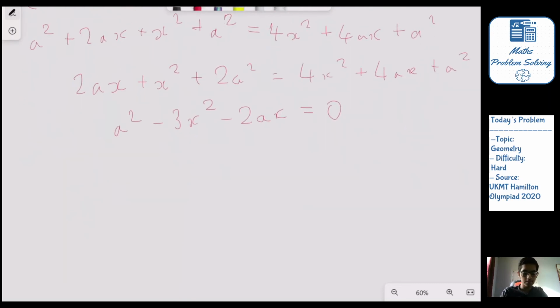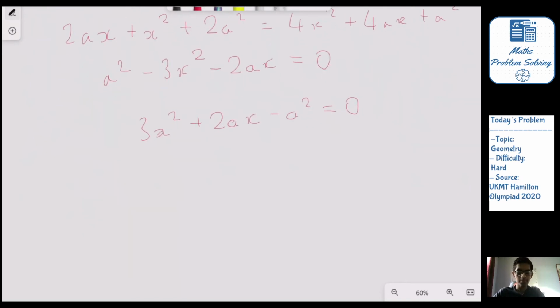Now if we rewrite this, multiplying everything by minus 1, we basically have a quadratic which needs to be solved: 3x squared plus 2AX minus A squared equals 0. That should be a minus on the A squared. By the AC method, the product must be minus 3, because 3 times minus 1, and the sum must be plus 2.